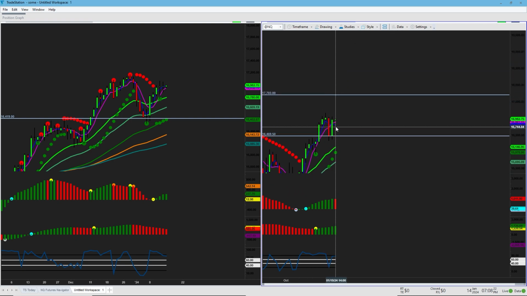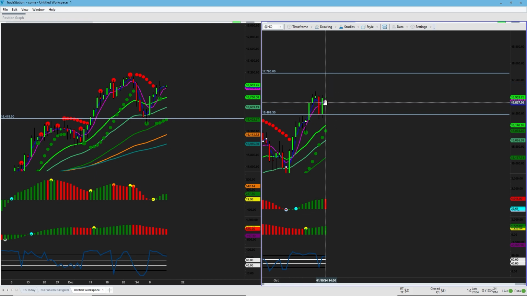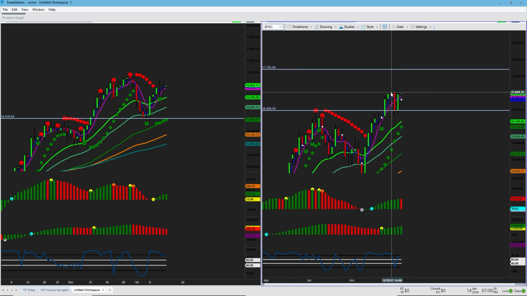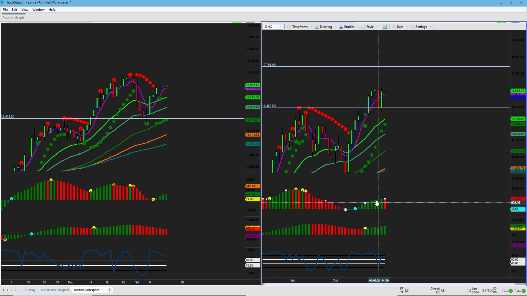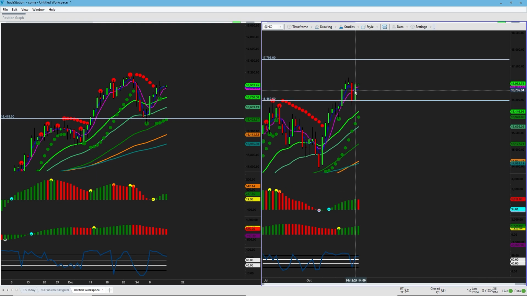But keep in mind, we have a higher high, but on our indicator down here, we have a lower high, indicating a divergence might happen.